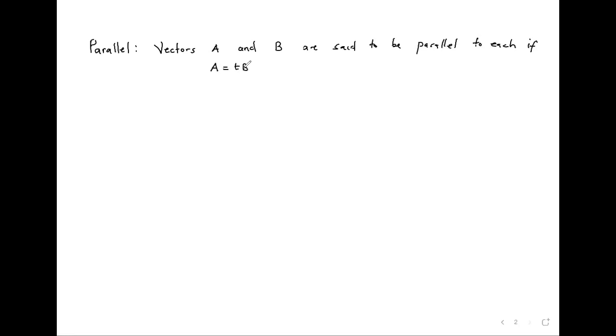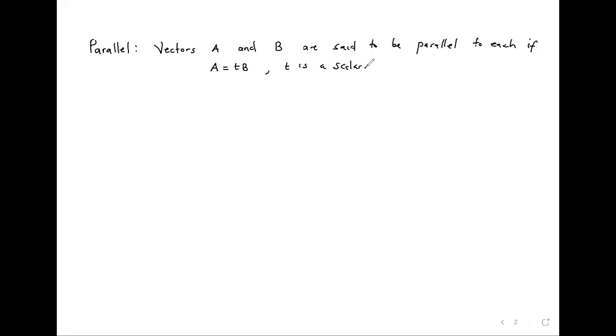If there could be some number T, where this T is a scalar, if there is some number T that when you multiply B by T, you get A, then you say that A is parallel to B.